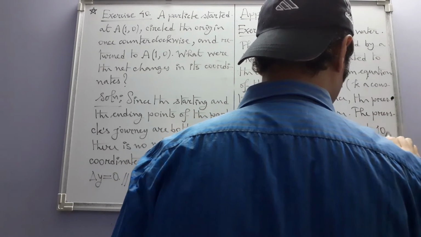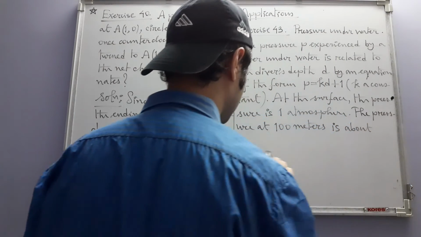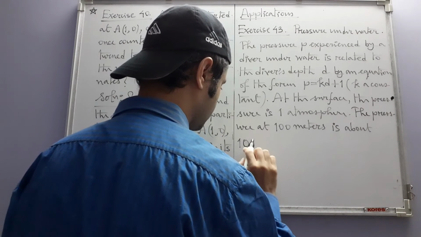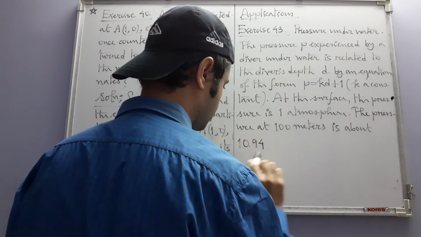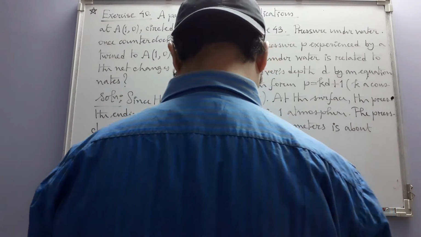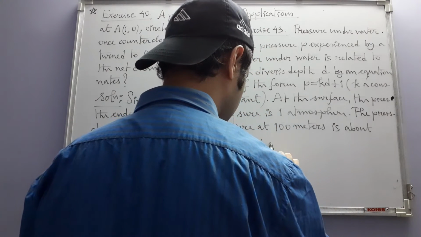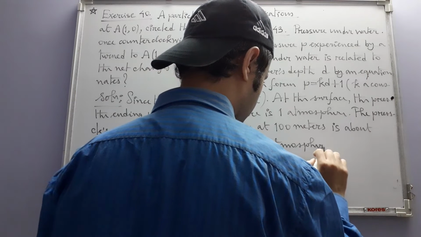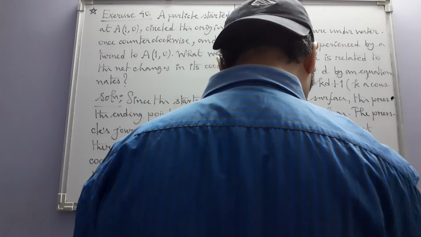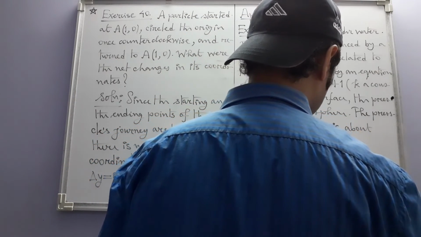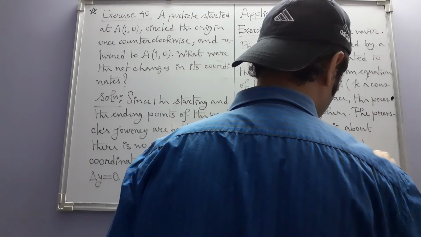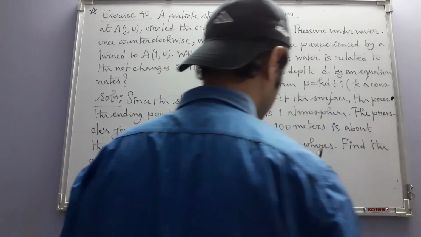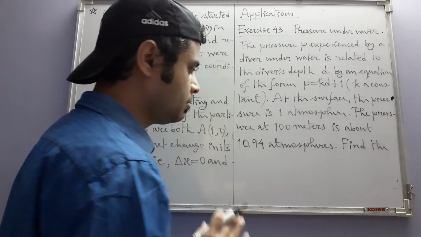Okay, that's a lot. Find the pressure at 50 meters. So what would the pressure be at half the depth?